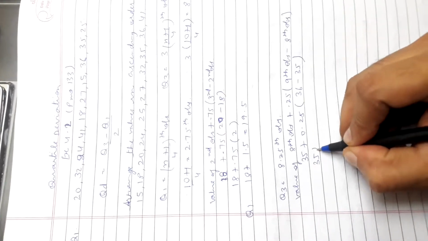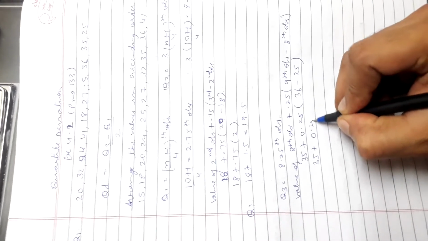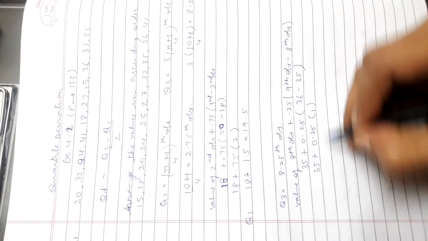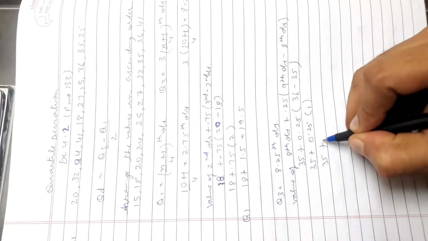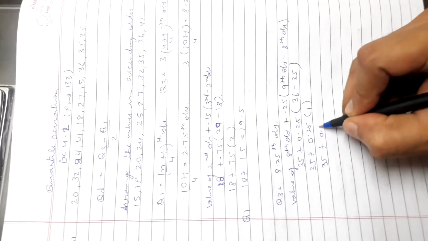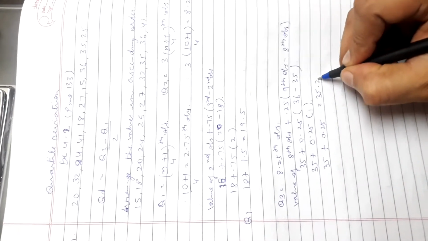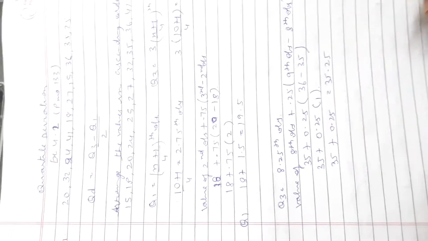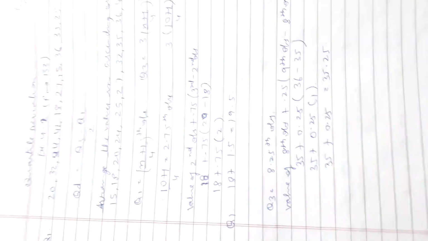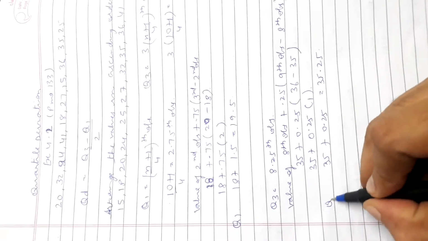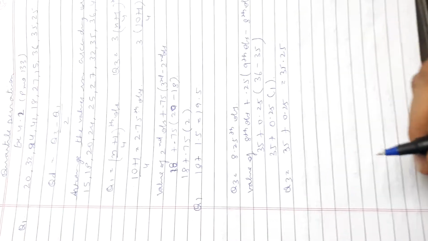So we get the answer 35 plus 0.25 is equal to 35.25. Here we have found the values of Q1 and Q3.